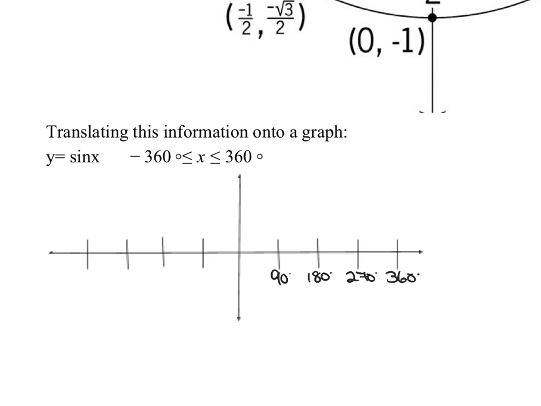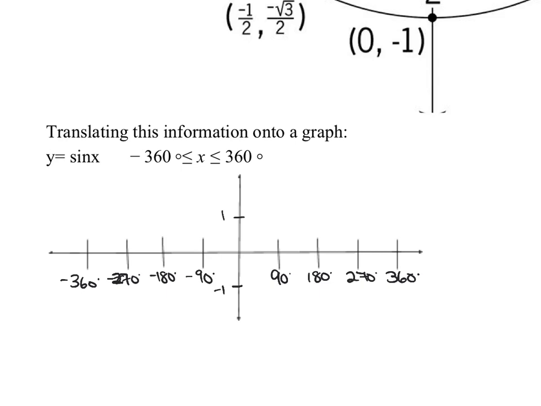And the other direction, obviously, we've just got negatives of those angles. And then because there's nothing on the y-axis, we'll arbitrarily mark a 1 and a negative 1. Have them be roughly the same distance apart.